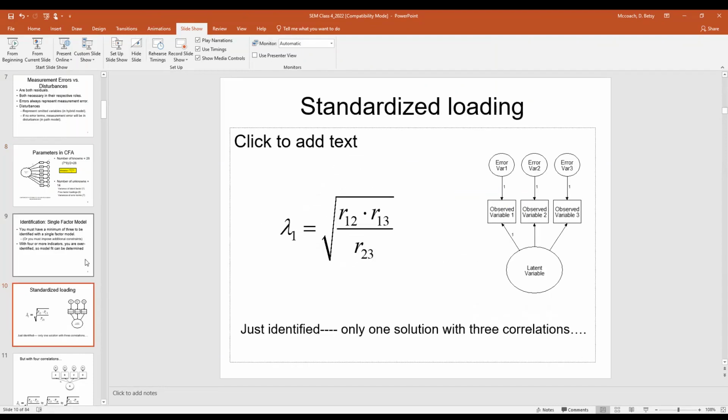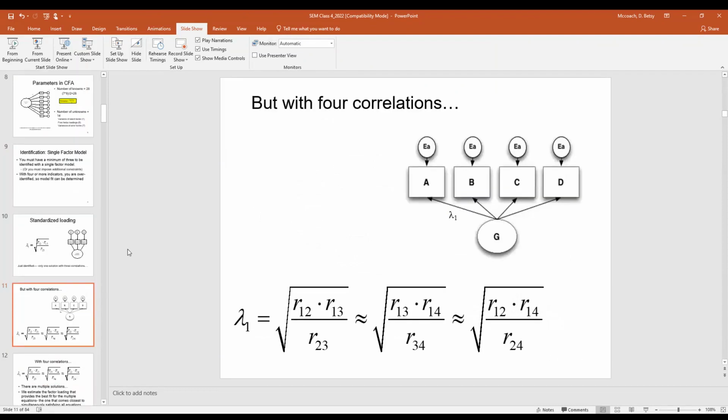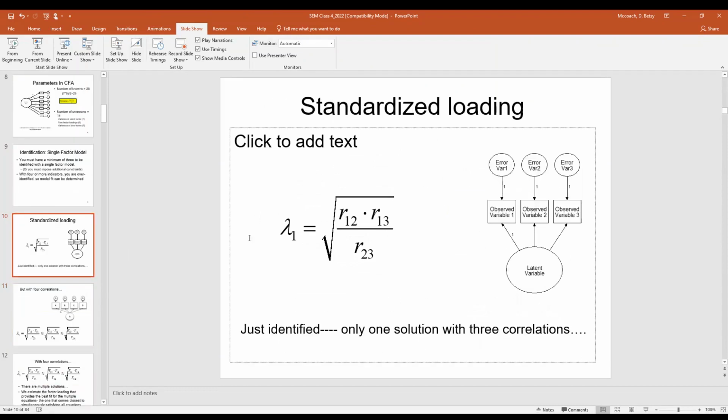Okay, so let's think a little bit about over-identification for a second here. Here I've got a just identified model. There are 3 observed variables that are predicted by this latent variable. If I wanted to figure out the estimated loading for the first variable, let's assume we're in a standardized metric, so we're dealing with correlations. That makes it a lot easier.